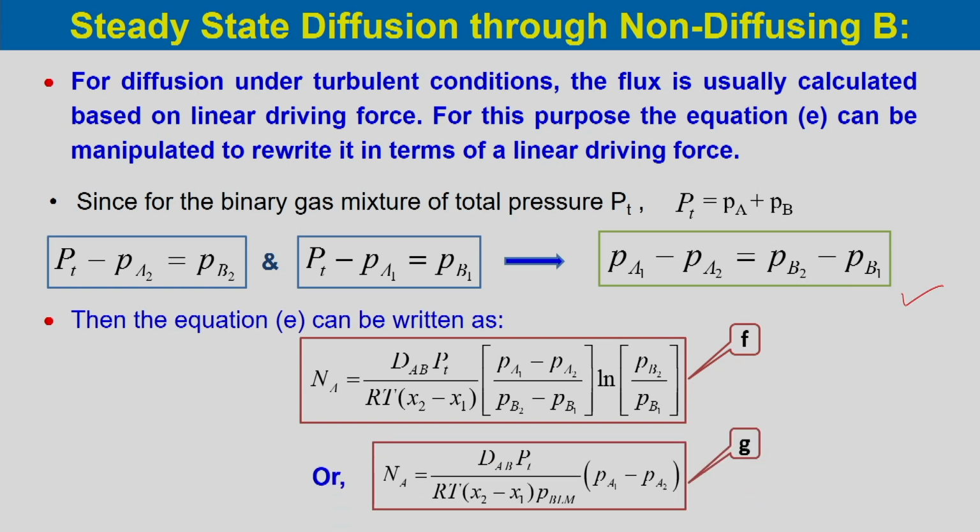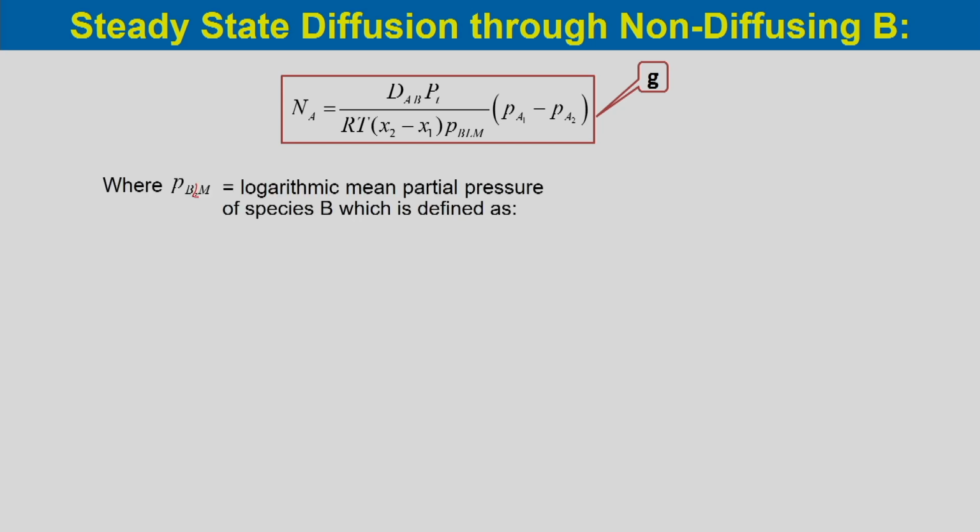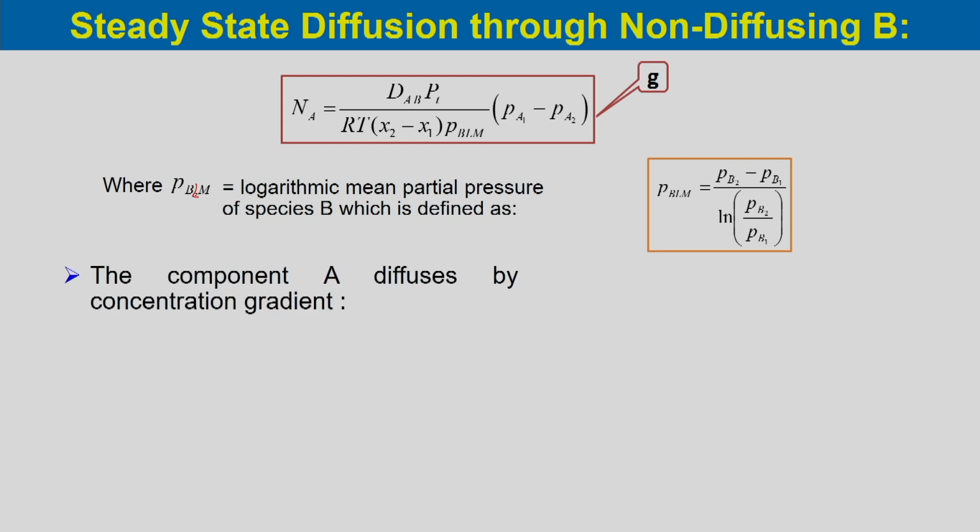So, we can rearrange this relation as NA would be equal to DAB Pt by RT x2 minus x1 PBlm into PA1 minus PA2. In this relation, PBlm is the logarithmic mean of partial pressure of species B, which is defined as PBlm is equal to PB2 minus PB1 divided by ln PB2 by PB1.